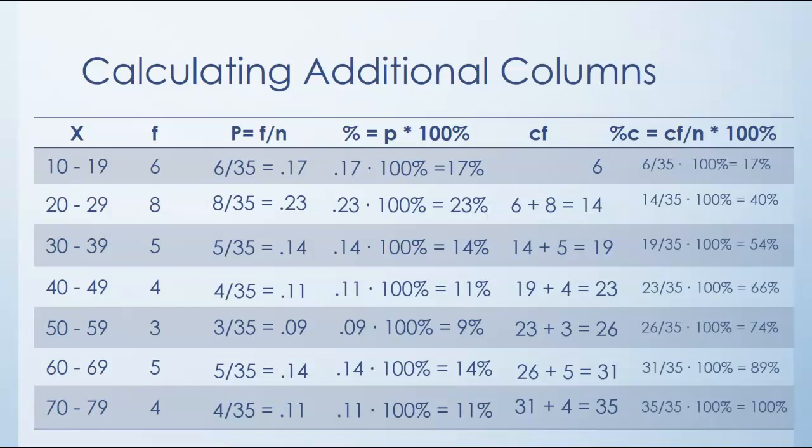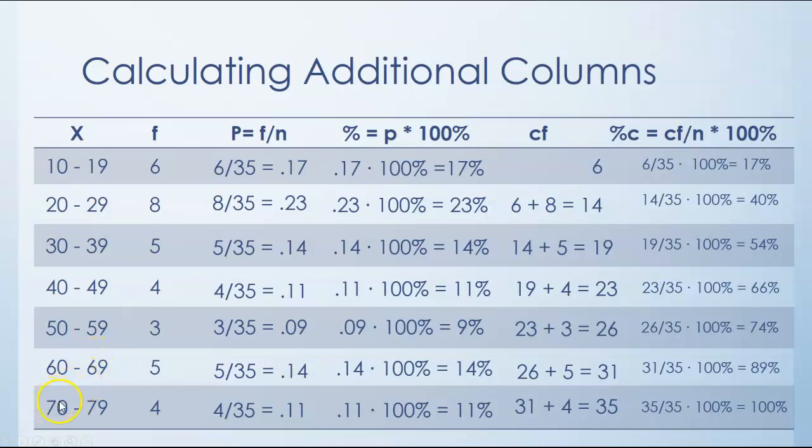Again, taking that cumulative frequency, dividing it by 35, and multiplying it by 100. And you can see we have 17%, 40%, 54%, 66%, 74%, 89%, and 100%. So if I wanted to find out what number 89% of my data fell below, I would notice here that my 89th percentile is right here. 89% of my data falls below this 69, but remember, I'm not going to use the number 69.